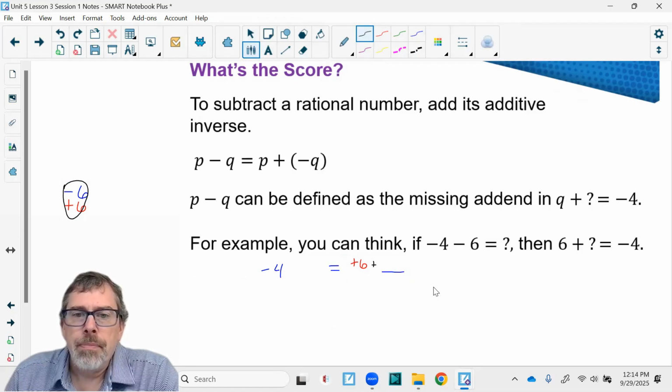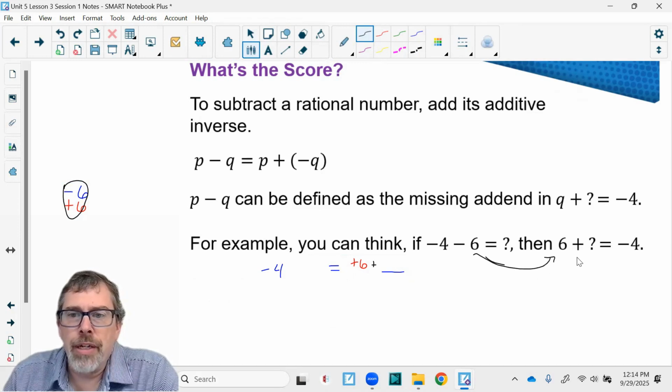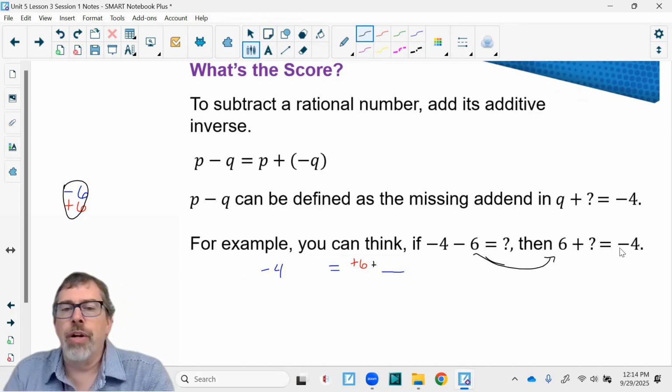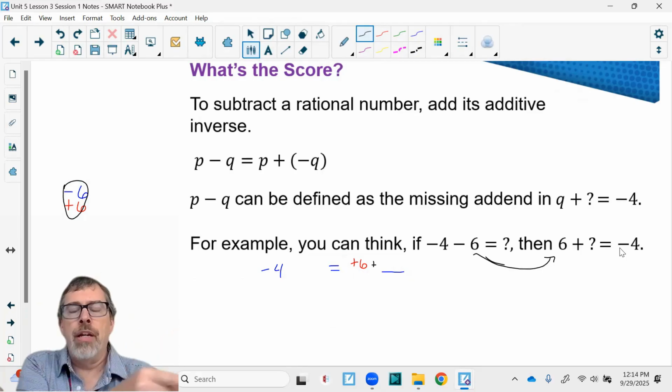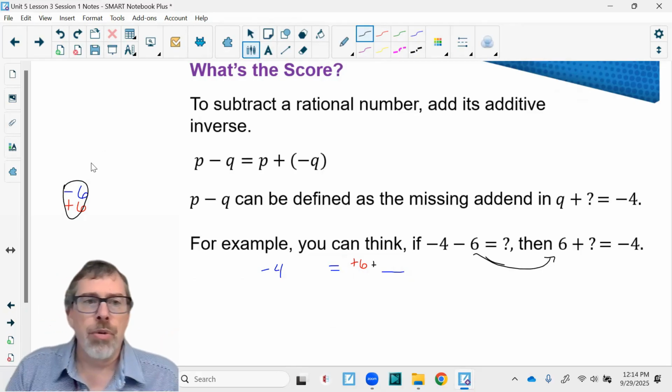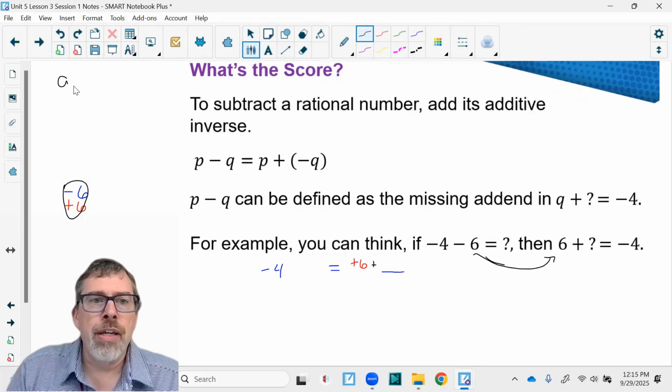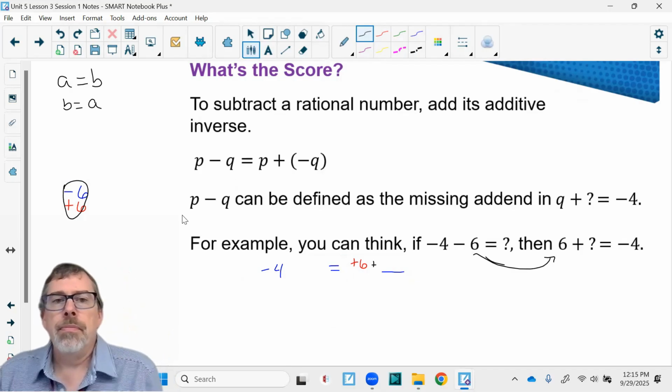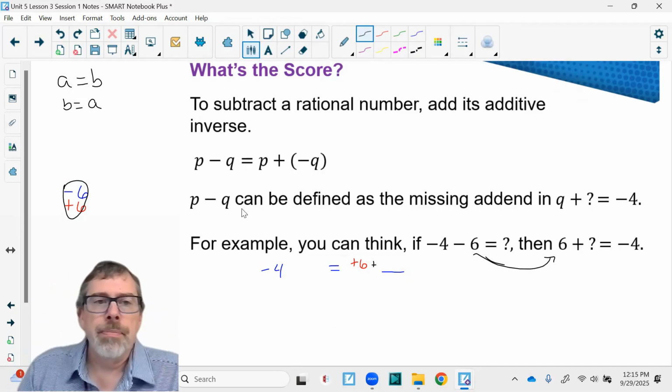So that's all they were doing here. They just moved the 6 over to the other side of the equal sign. It was over here with negative 4, and then they also flipped it. Now negative 4 is on the other side. There is a property where it says if A equals B, then B equals A. And that's symmetry.